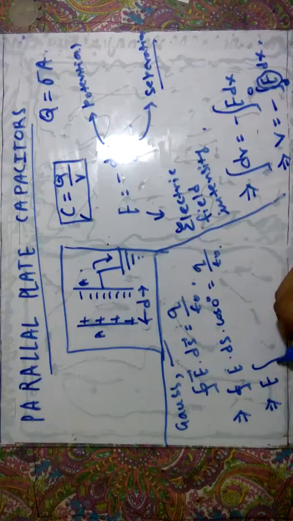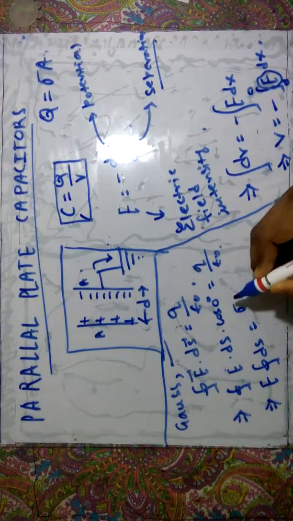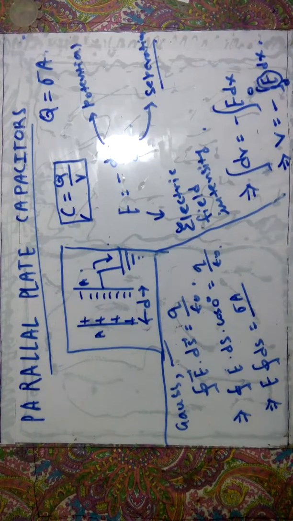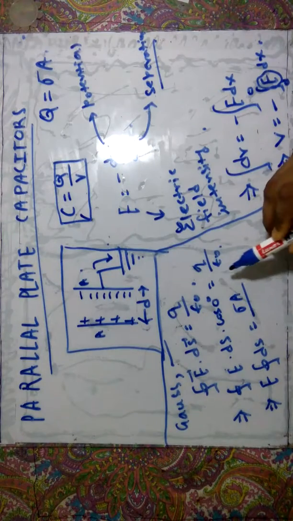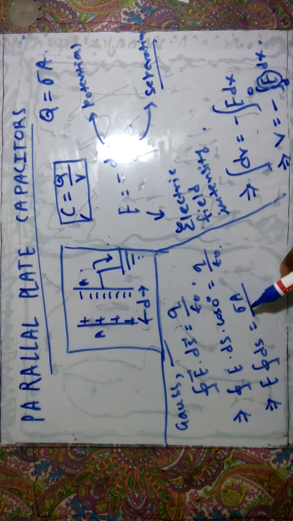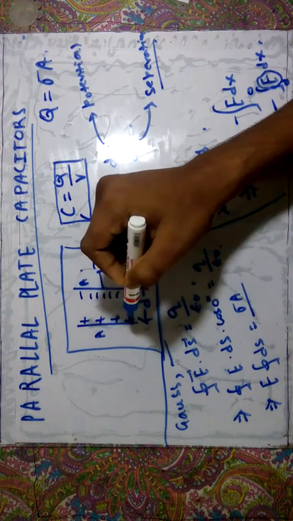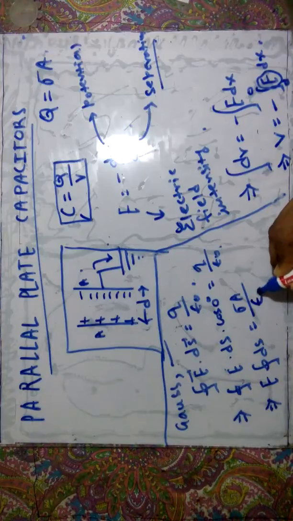So E times the closed integral of dS equals sigma A by epsilon 0. Why did I write sigma A? Q is the charge, sigma is the areal charge density, and A is the area of the plate. So for one plate, the charge stored is sigma A.